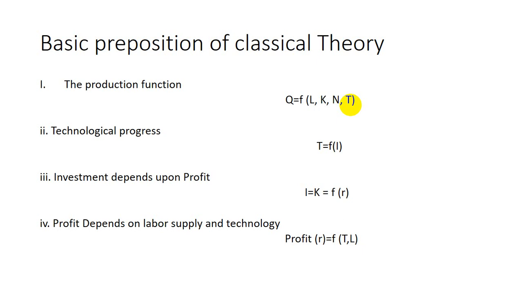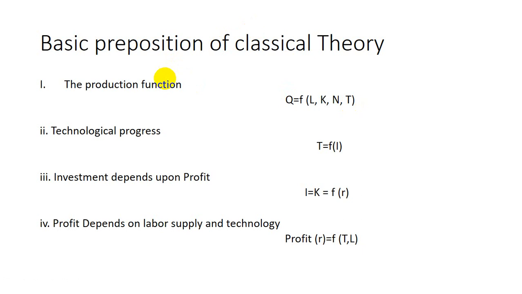Technology cannot be increased quantitatively in this theory, but its quality can be increased. So total output can be improved by advanced technology. Total output ultimately depends on labor, stock of capital and technology. This is the first proposition under the classical growth theory.